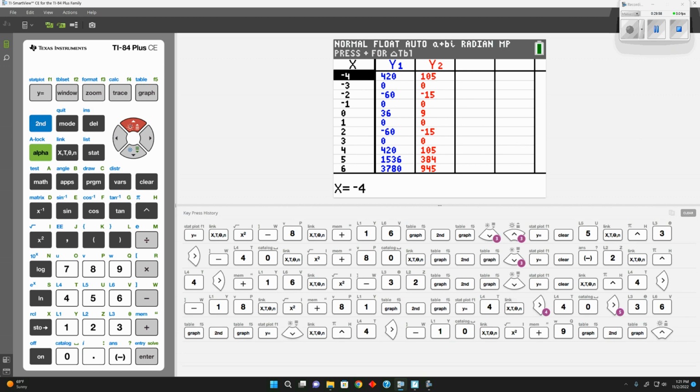But if we look at negative 3, the y value is 0. At negative 1, it's still 0. At 1 and 3, it's still 0. That's just a scalar. It's going to change everything except our solutions, which is nice because we can pull those out and make it easier to work with. It works with any of them.